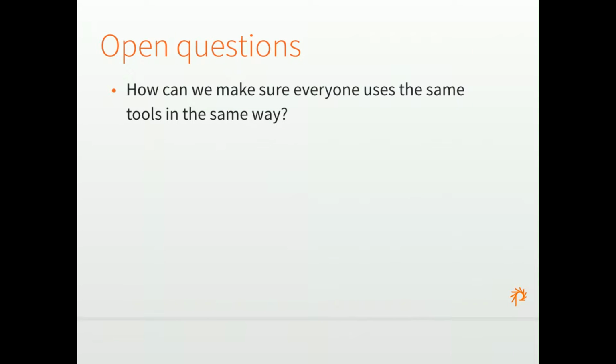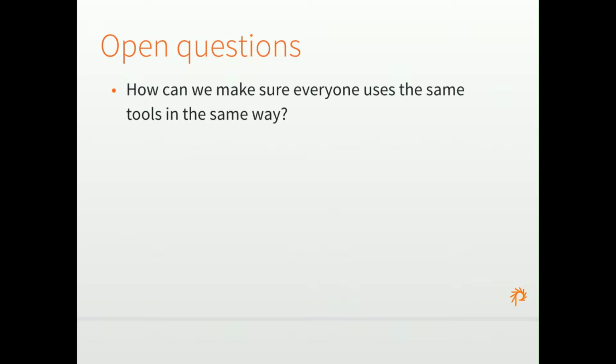So hopefully I've made a case for augmenting your Drupal workflow with a process to build, also a process to test. But it leaves a couple open questions. One is, how do we make sure that everyone uses these tools in the same way? So we've now introduced Drush Make, maybe we have Compass for compiling Sass, Behat for running tests.